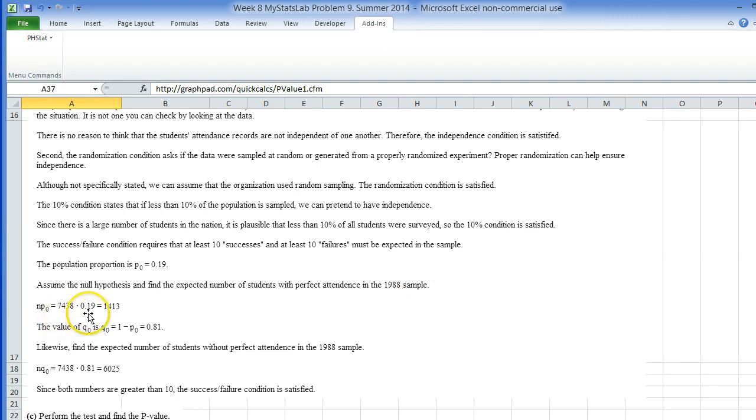If you multiply 0.19 by 7,438, we would get 1413. The value for q0 is going to be equal to 1 minus p0, which is 0.81. Likewise, the expected number of students without perfect attendance in the sample is going to be 0.81 times 7438, which is 6025. Since both numbers are greater than 10, the success failure condition is satisfied. So all 4 conditions are satisfied.